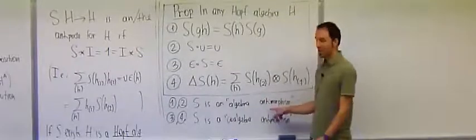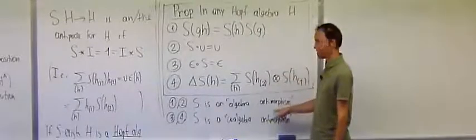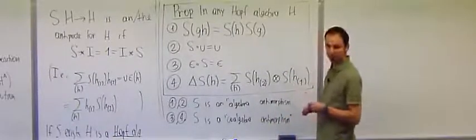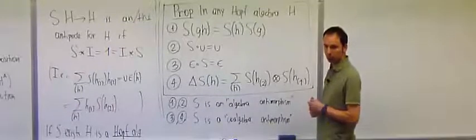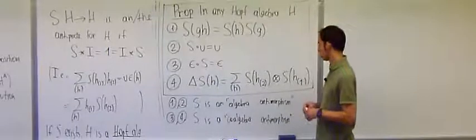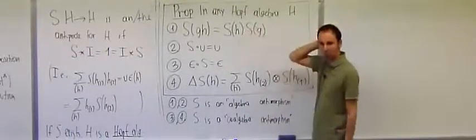Let me put the quotation marks here. And what do I mean by algebra antimorphism? I mean exactly this. A function S that satisfies these two properties is going to be an algebra antimorphism. And if it satisfies these two, it's going to be a coalgebra antimorphism. Right, so these are the defining properties of an algebra antimorphism. Anything that satisfies those properties is called that.